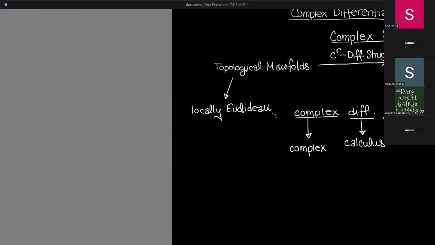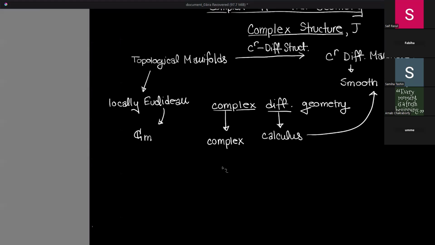But in the complex sense, Euclidean means that it's homeomorphic to C^m and not R^n. So in what sense is C^m a complex vector space? That's what we're going to be talking about today.